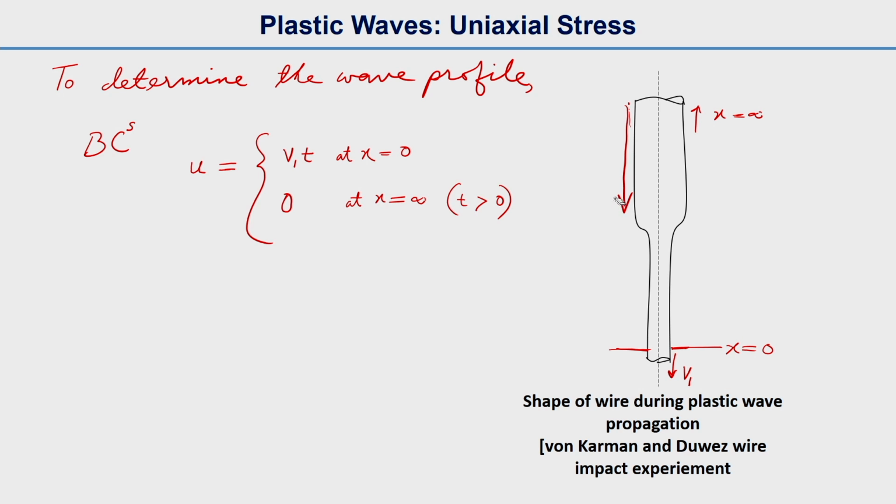Now we will see the different cases. As we know, the elastic longitudinal wave velocity and the plastic longitudinal wave velocity are different, and the elastic longitudinal wave velocity is higher than the plastic longitudinal wave velocity.